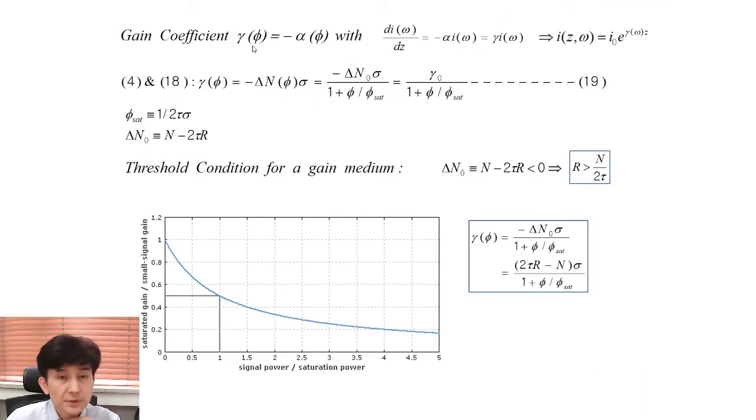So the gain coefficient gamma is minus alpha, where alpha is the absorption coefficient, and if there is a population inversion, delta n is negative, then alpha becomes negative, that means gain is positive. The gain coefficient with respect to the intensity of light with respect to the distance is defined with this gain coefficient, or in an absorptive medium this should be minus alpha.